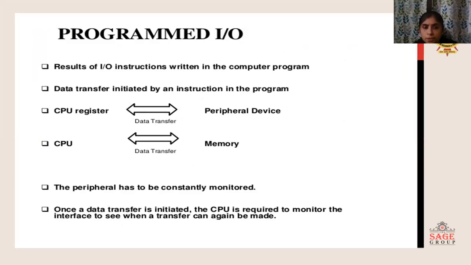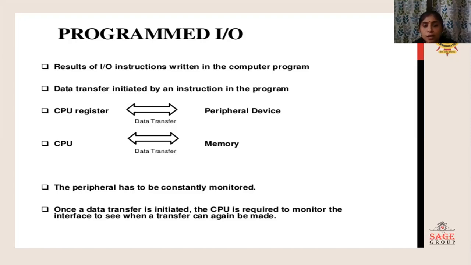The data transfer is initiated by an instruction in the program between the CPU register and peripheral devices. As we have discussed in the input output module and interface, the CPU communicates to the input and output devices: keyboard, printer, magnetic disk, and magnetic tape, and the data transfer between CPU and memory.